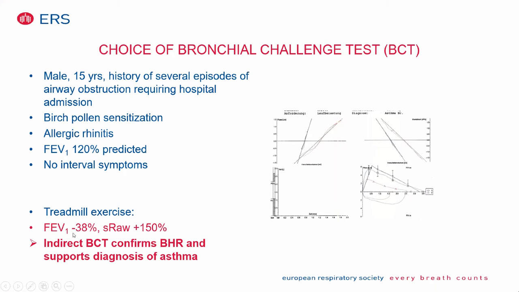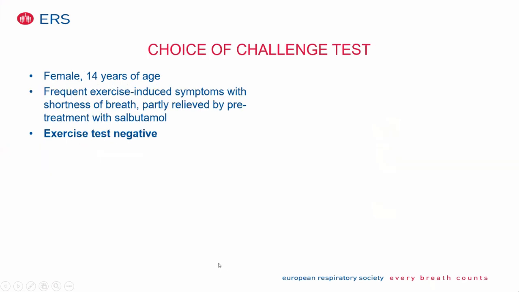In numbers, there is a drop in FEV1 of 83%, and this positive indirect bronchial challenge confirms bronchial hyperresponsiveness in this boy and supports the diagnosis of asthma. However, I told you the sensitivity is low and it may not work in all patients with asthma. So if the exercise test is negative, you have to choose a different bronchial challenge test.